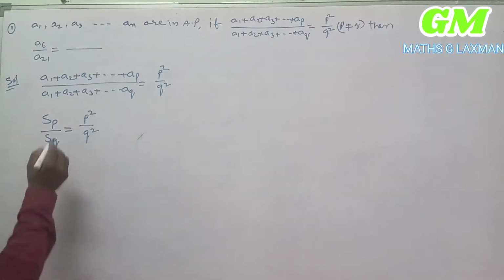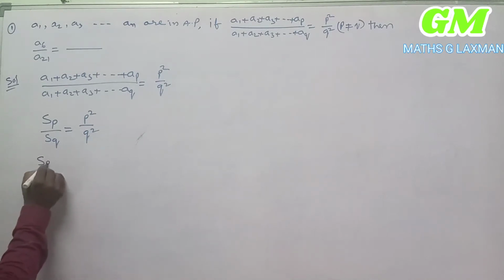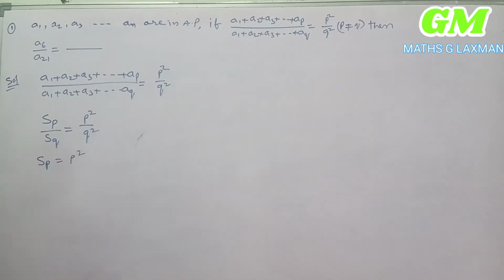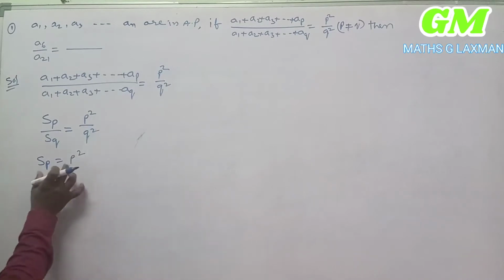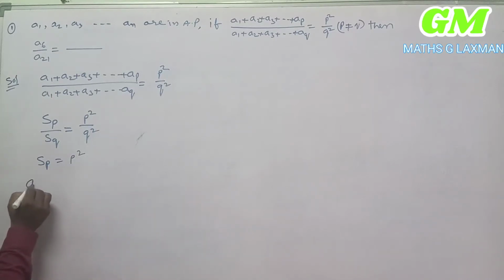That means the sum of P terms is equal to P square. So by using this, you will need to find out A6.